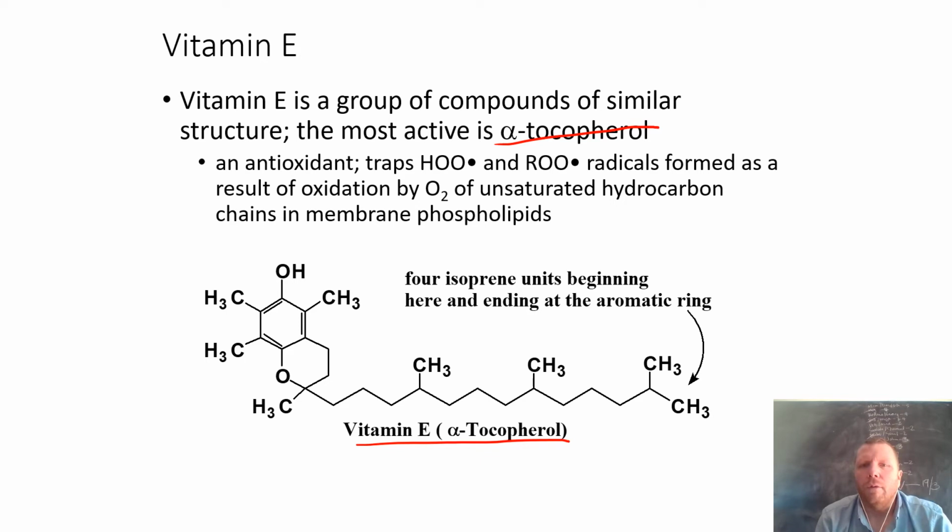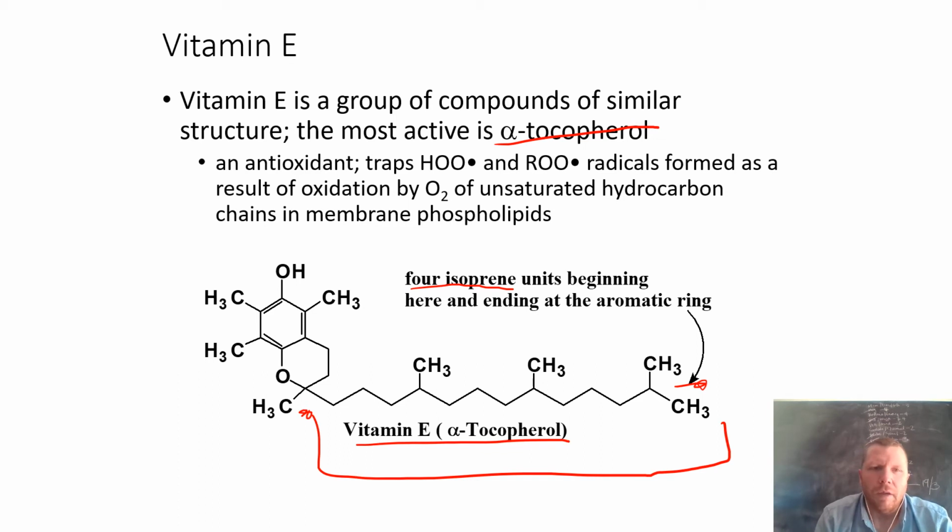Okay. Now, what's significant about these is that this chain right here is made from 4 isoprene units beginning here and ending at our aromatic ring. Now I bring this up because these groups right here, this is going to be 1, 2, 3, 4, 5.